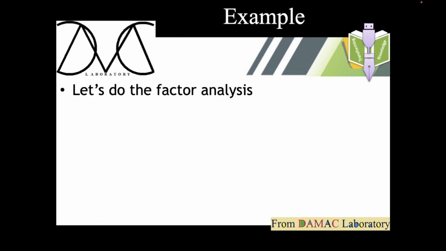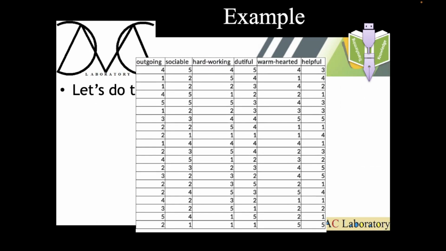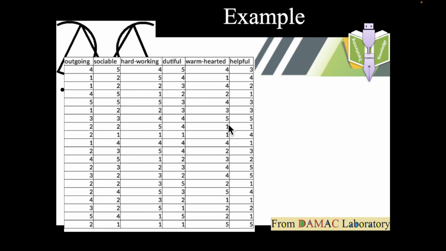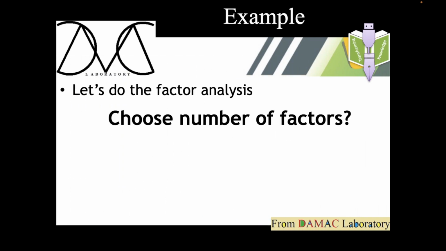For example, I have already explained this data set to you. Now let's use this data set, where you have 6 columns. How many factors can you create from these 6, how much can you summarize it?